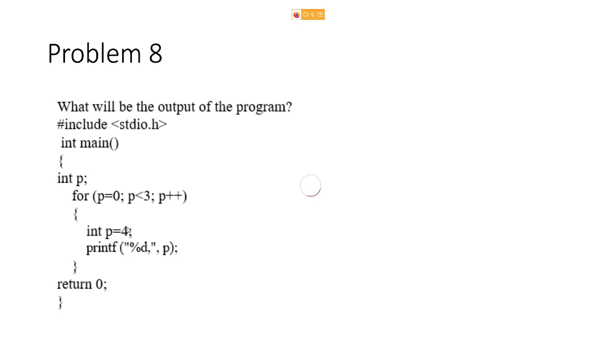It goes inside again, prints 4 again, then goes back. Now 1 will become 2, 2 is less than 3, goes again inside and prints 4 again, and then p will become 3, 3 less than 3 becomes false, and it will not print. So it will print 4 three times because the loop will execute 3 times.